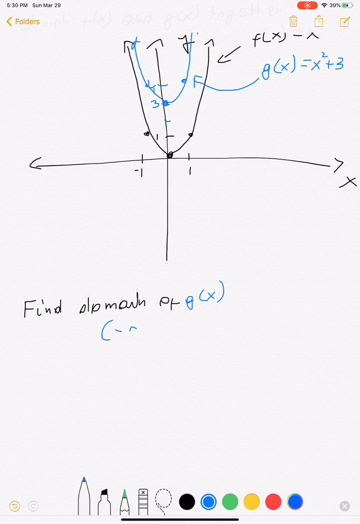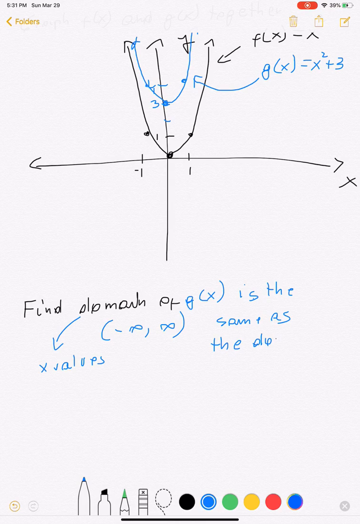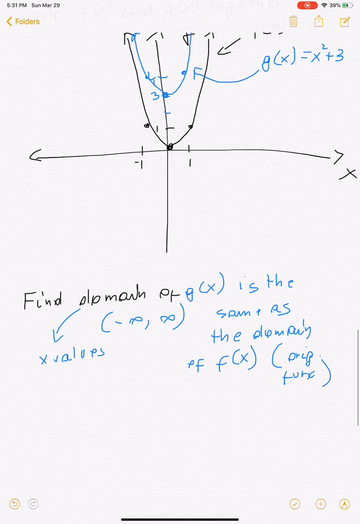The x is from negative infinity to positive infinity. Domain represents x values, of course. So domain of g of x is the same as the domain of original function f of x, before transformation. No changes.